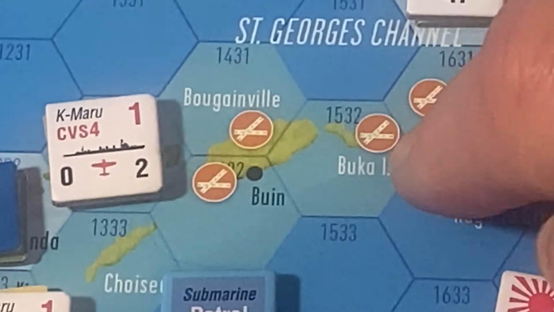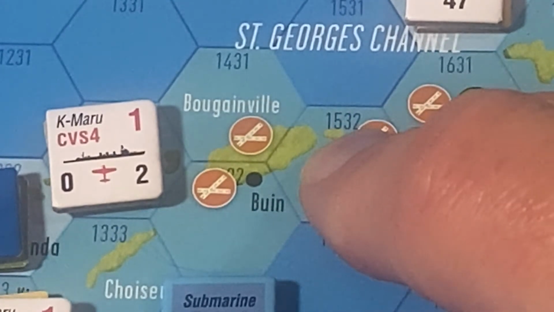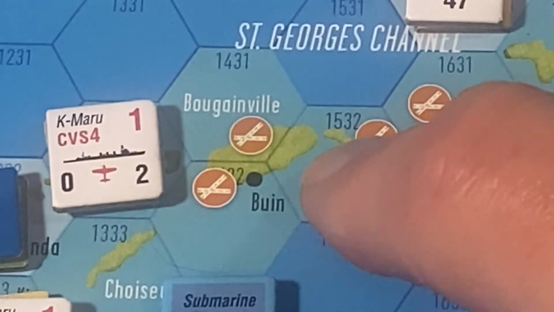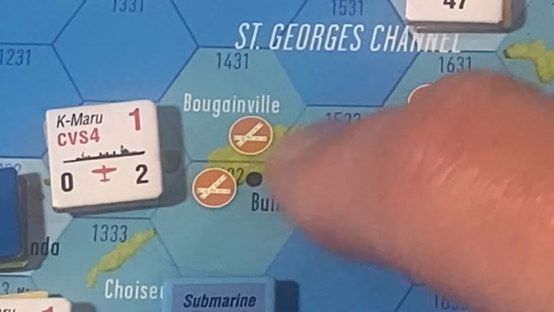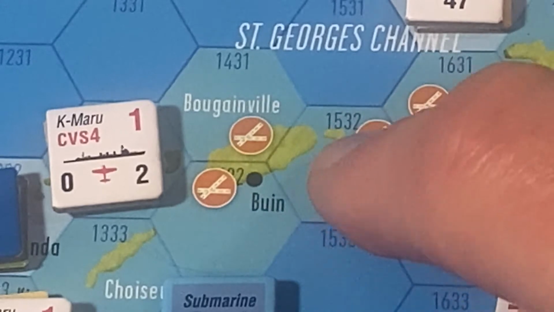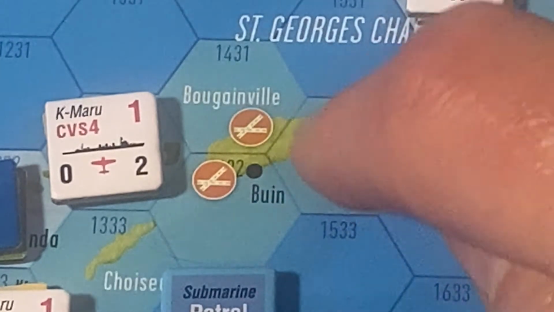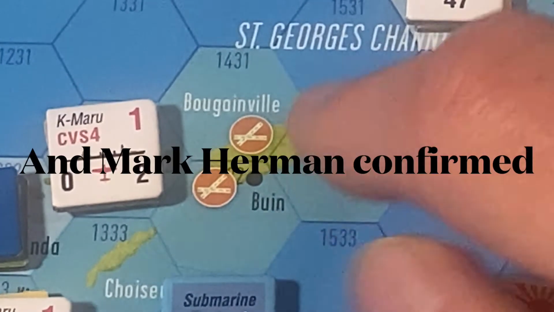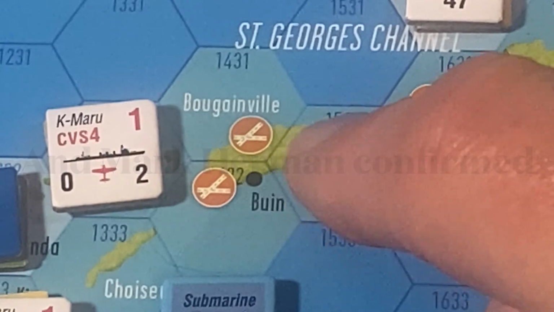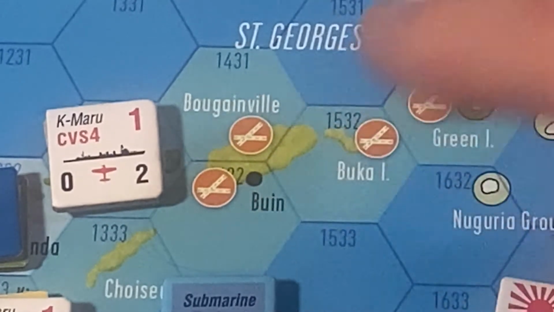And then Buka also has one. Buka is a separate island, but as you can see, there's actually part of Bougainville that is part of this hex. So I think what Don Johnson on BGG said, that basically it's so close that if you're on Buka, you're basically on this little part of the Bougainville Island as well.